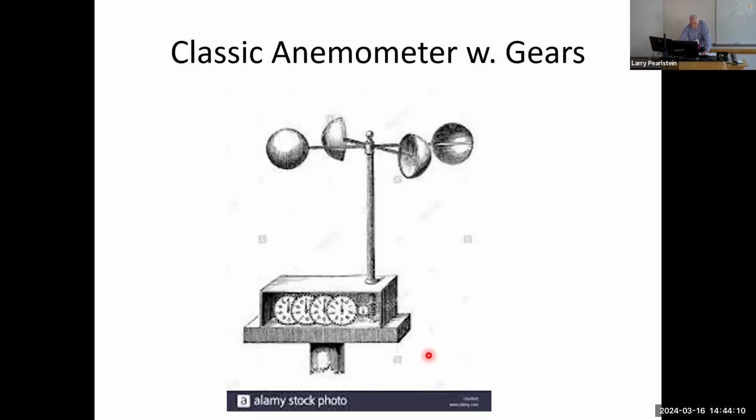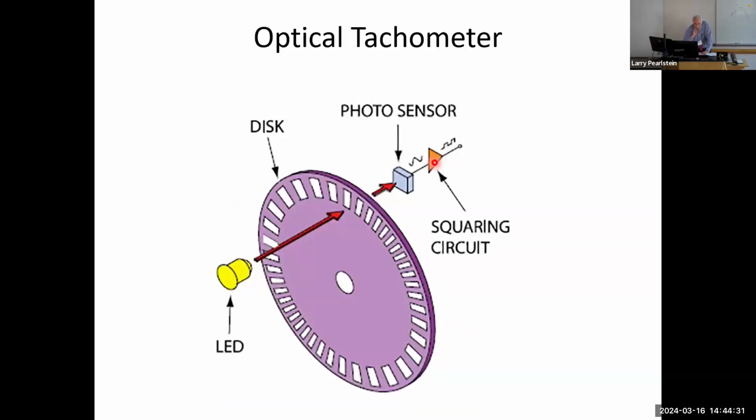Now, the classic anemometer for measuring wind speed usually used reduction gears and a stopwatch to count revolutions per minute, and the constant relating RPM to wind speed allows you to get wind speed. The modern device uses what's called an optical tachometer.